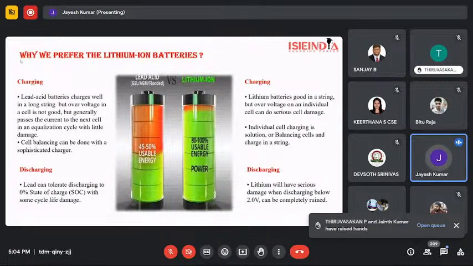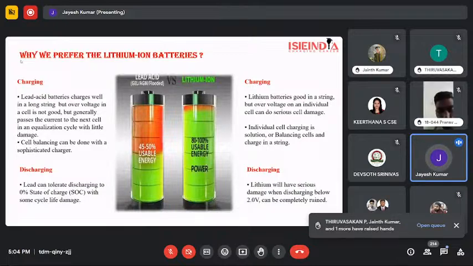While charging, lead acid batteries are connected in string, but they take too much time to charge. Whereas lithium-ion batteries are good in string, so they can charge fast. They can support the cell balancing system and charge fast. In a lead acid battery, if we charge the individual cell, the overvoltage can damage the cell, which can damage the duty cycle of the lead acid battery.